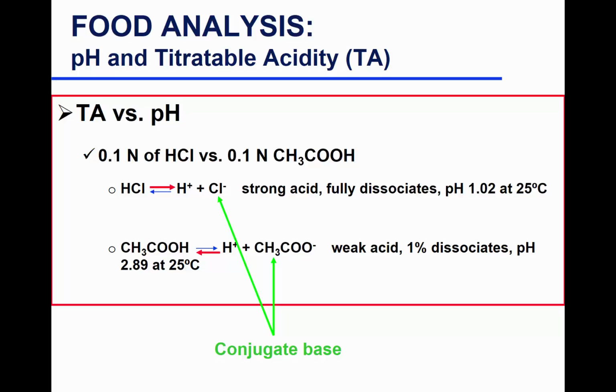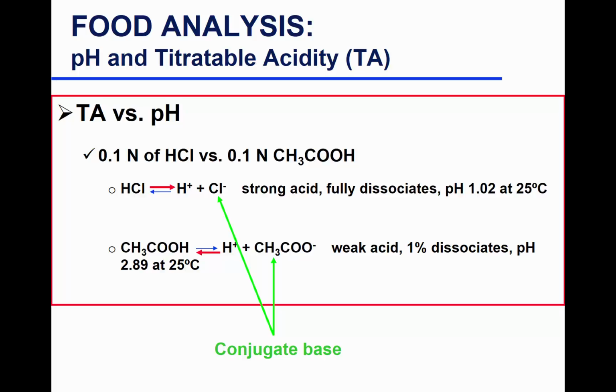So here's an example where you have the same concentration of an acid. You have 0.1 normal HCl and you have 0.1 normal acetic acid. Same concentration, same amount of acid, but because they're different acids, HCl is a very strong acid. That means it's very willingly giving up its protons. So it's almost 100% dissociated, and it gives a pH of 1 at 25 degrees C or room temperature.